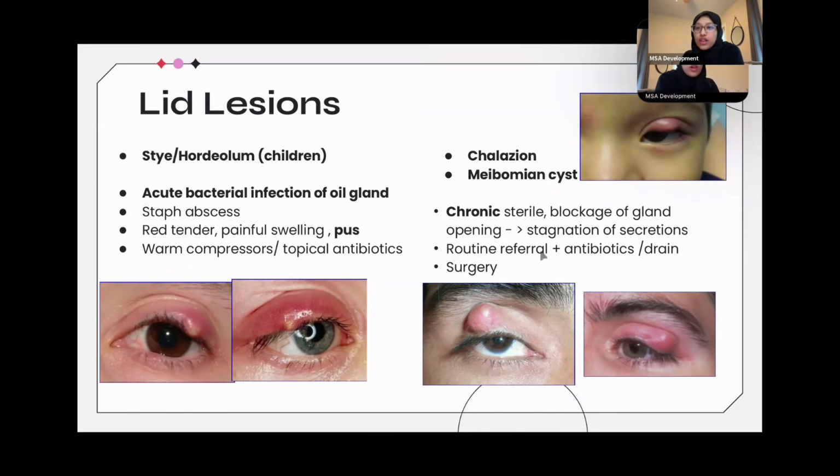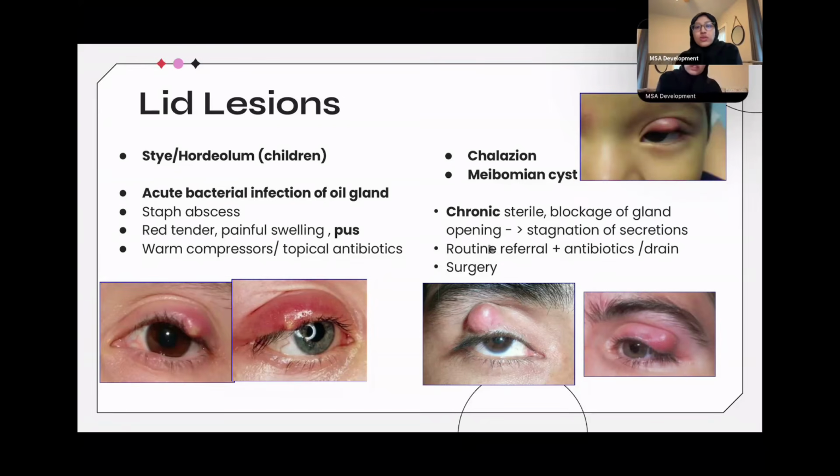If it's over a chronic period of time, it's affecting another gland, not the oil gland, called a Meibomian cyst, from the Meibomian gland, which was the same thing as in blepharitis, but this one is over a chronic period of time and it's a more localized lesion. This is chronic sterile blockage of the gland, which will cause backflow of the secretions and this red-looking eyelid.